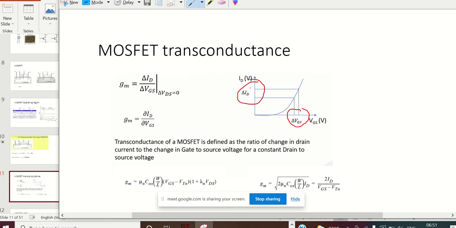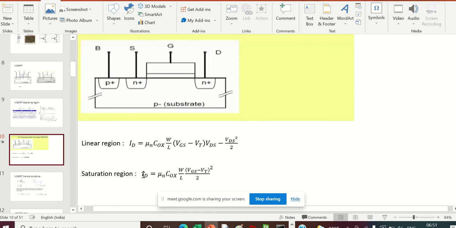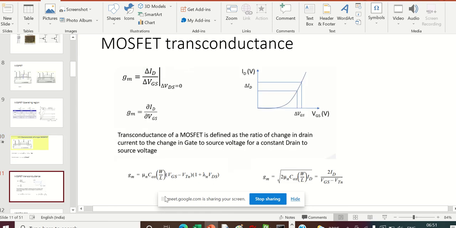Now, this is in the form of current. Later we will convert this current into voltage. We will see that. Now what is this ID and what is this delta VGS? If you take the ID equation from the previous equation for current and differentiate, what we are going to get is this equation.